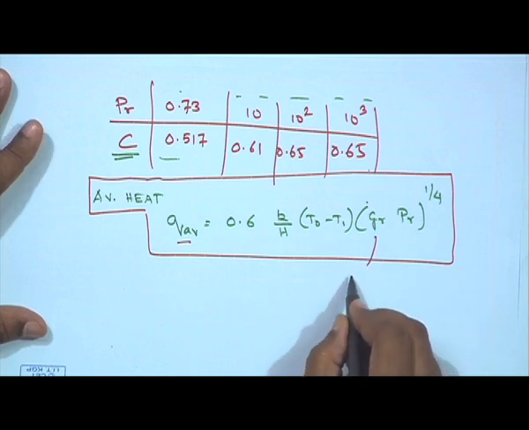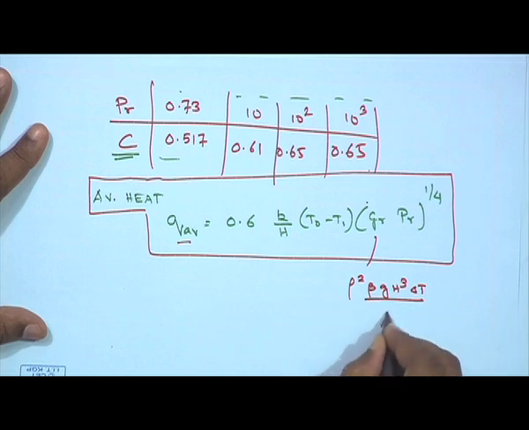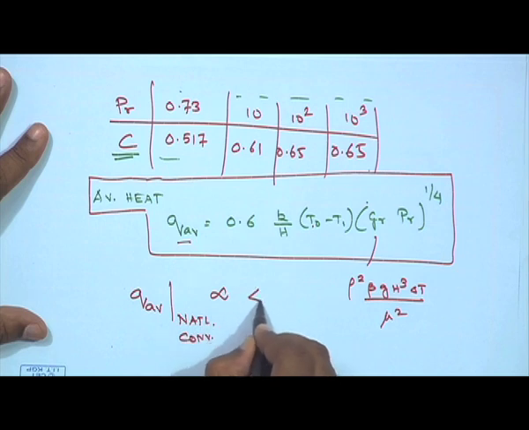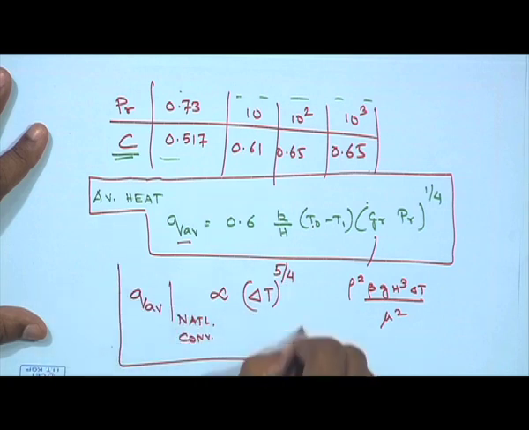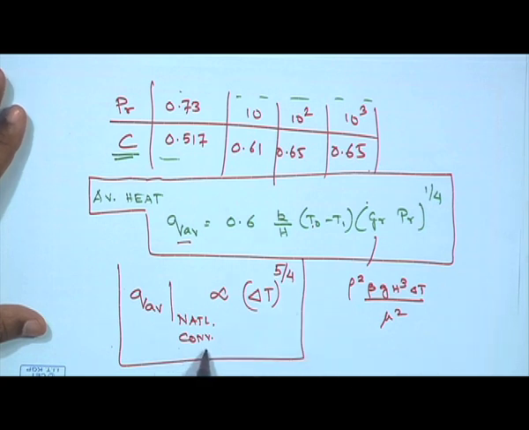And since by definition your Grashof number contains delta T in this form, this delta T and this delta T essentially tell you that the Q in natural convection is proportional to delta T to the power 5 by 4. So this is also a relation which directly follows from this expression and which has been widely used, widely cited for the analysis of natural convection.